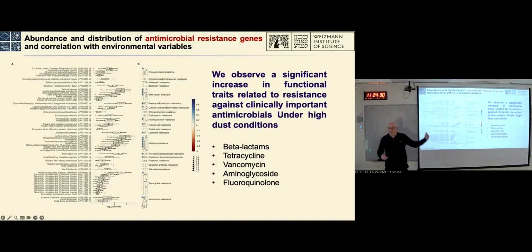What we find is that during dust storms there is an increase in the atmospheric abundance of bacteria that have antibiotic resistance. This is a very important global health issue, and we're looking into the potential of dust storms to introduce species that are resistant to antimicrobials.